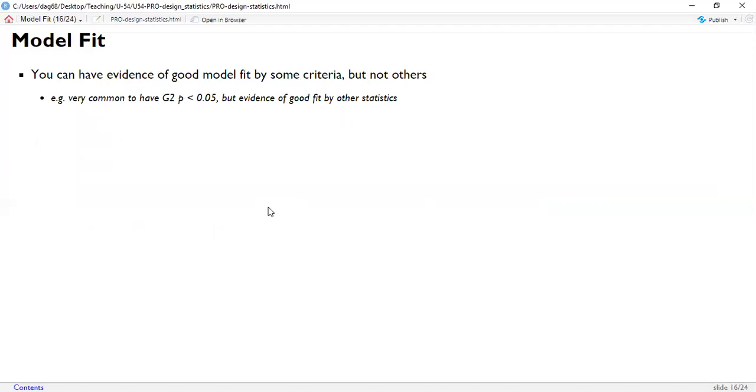So one of the perhaps frustrating things for a lot of psychometric analysts is that you can have evidence of good model fit by some of these criteria, but not others. One example of that is it's actually very common to have a significant model chi-square statistic, but for the other fit indices, you have evidence of good fit.